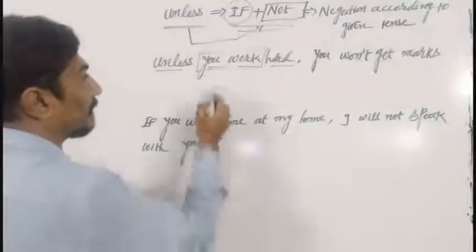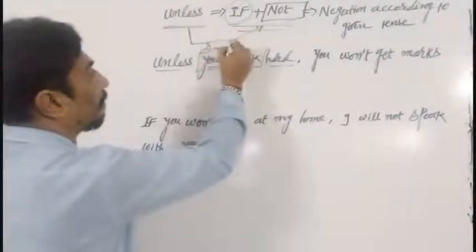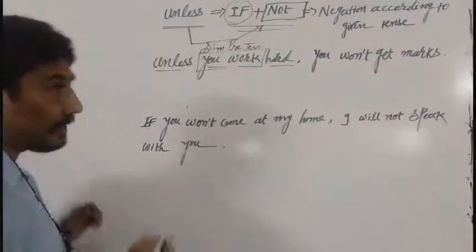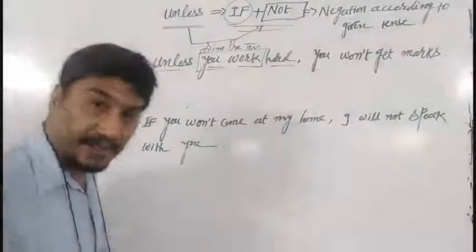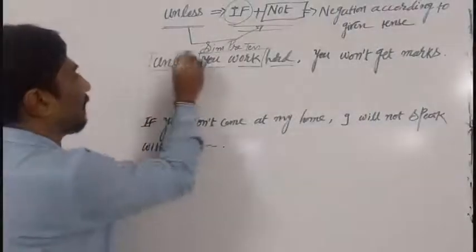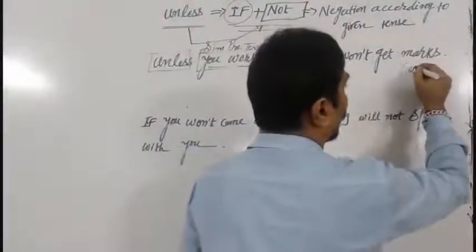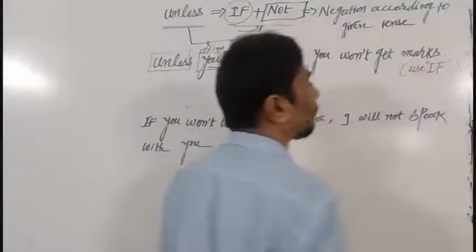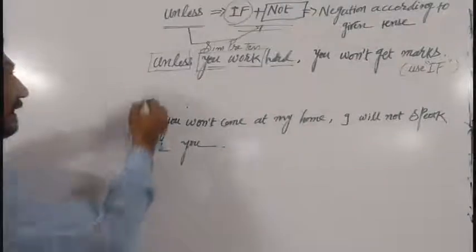Here we will concentrate first of all. You work, this is simple present tense. We need the negation of this simple present tense. Here it will be told to you to use if. What will you do? Nothing else.